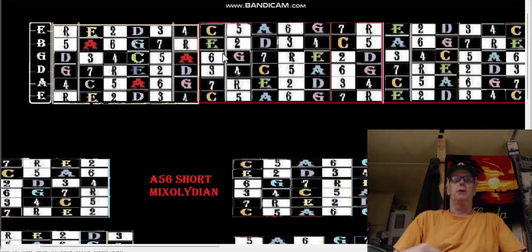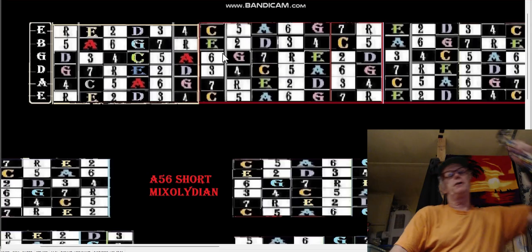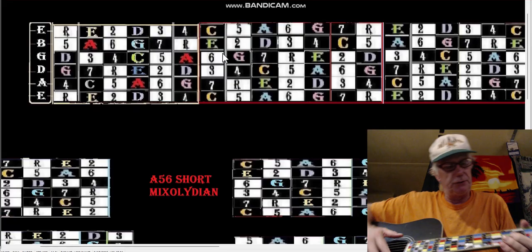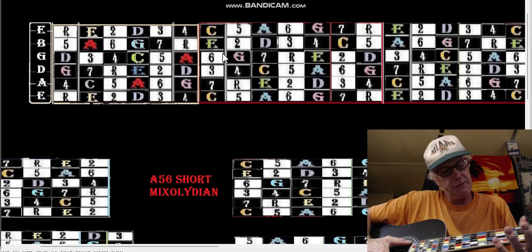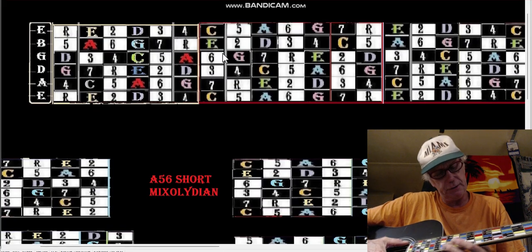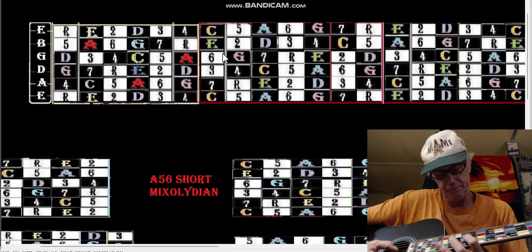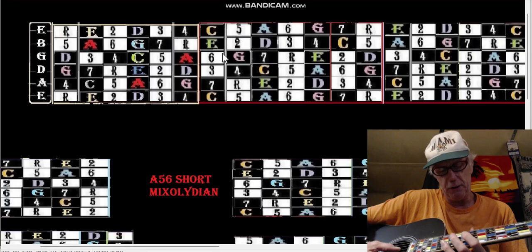So remember, going towards the fret nut, we're going in a pentatonic scale. So C shape, a C minor shape, D minor, okay? And then we go into the D box.